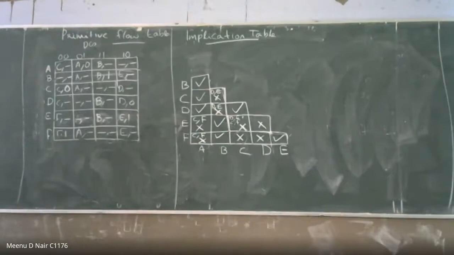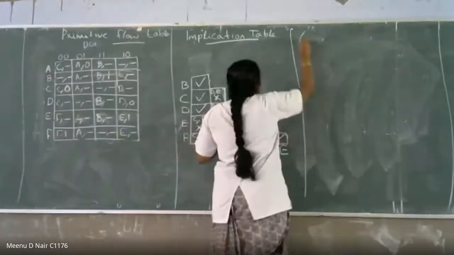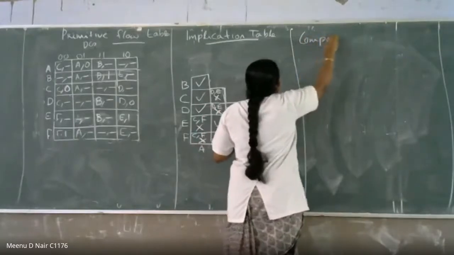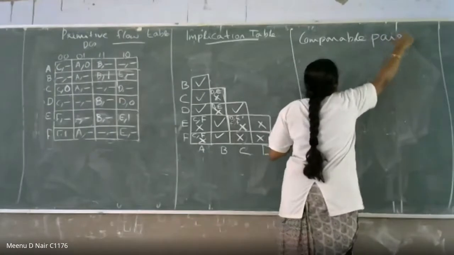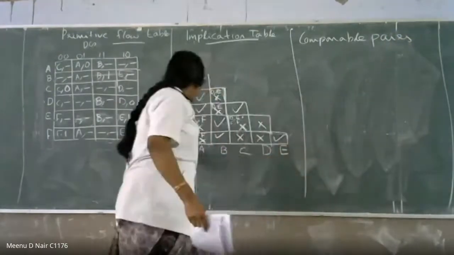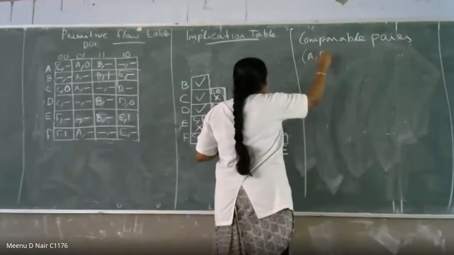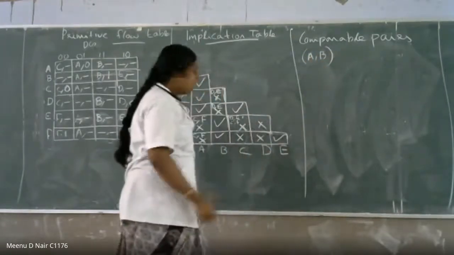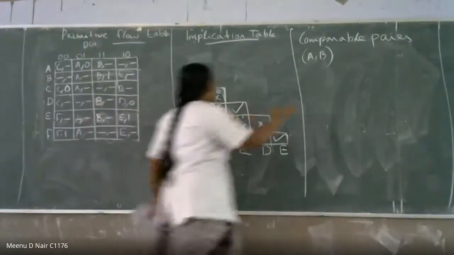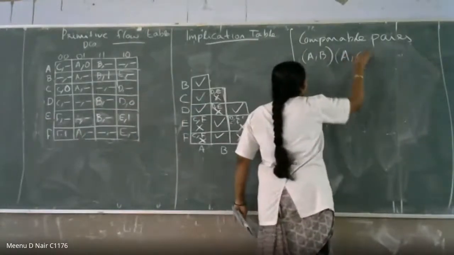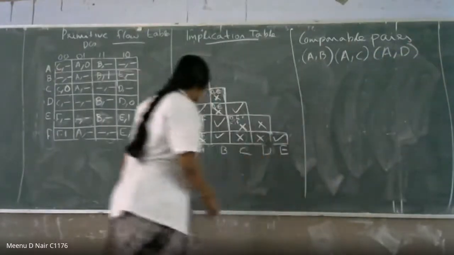Thank you so much. So, what are the comparable pairs? Next, we are going to write the comparable pairs. A and B is comparable. A comma B. Wherever you have a tick mark, you can take that one. AB, AC, AD. Then what is next?